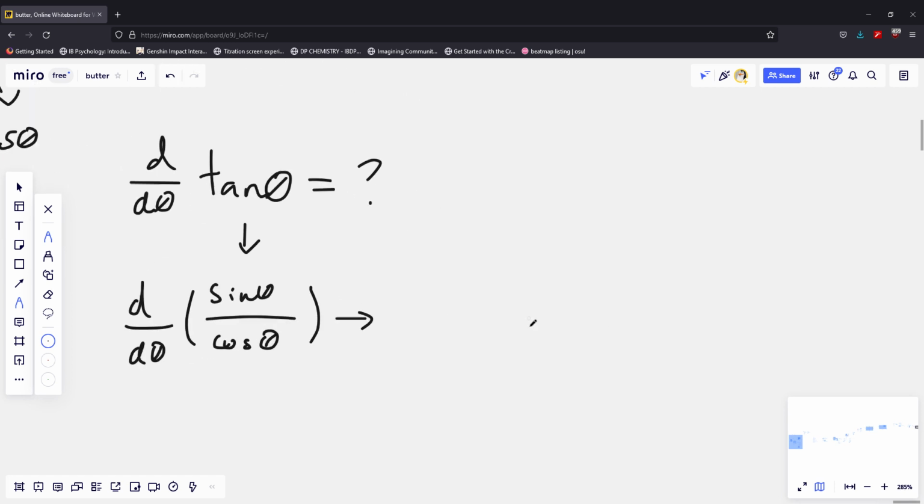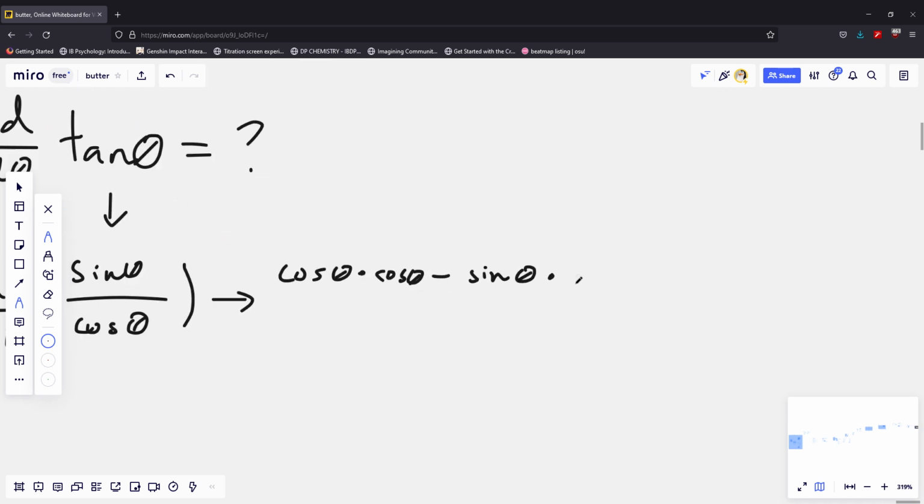And let's do that. So this would become the derivative of sine theta, which is cos theta, times cos theta, minus sine theta, times the derivative of cos theta, which is negative sine theta, over the denominator squared, so cos squared of theta.